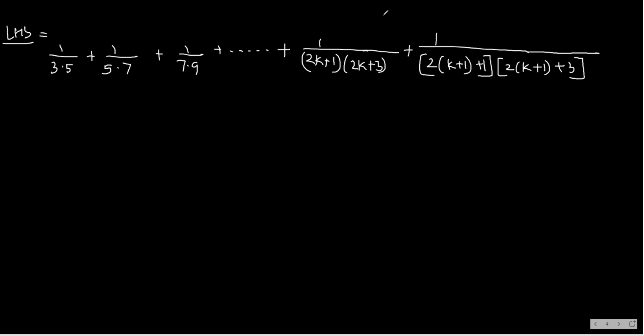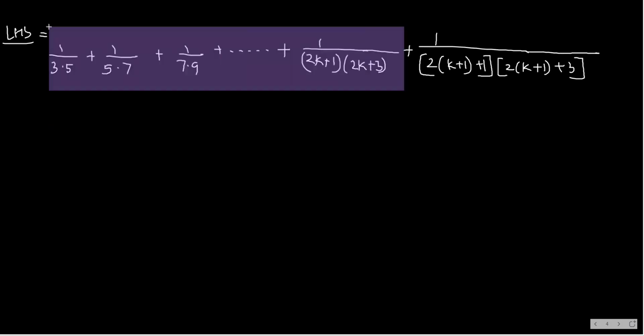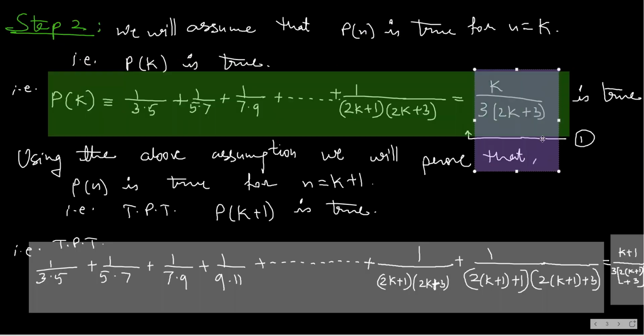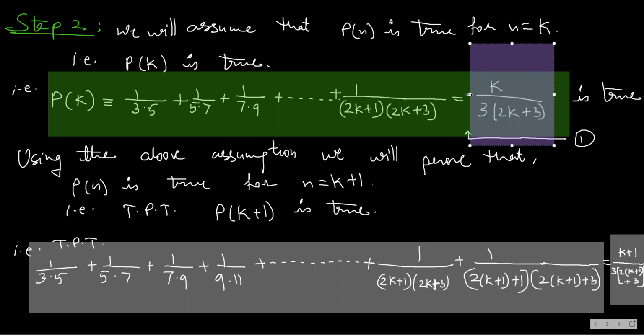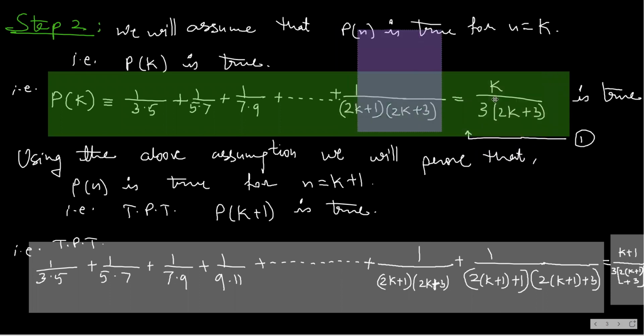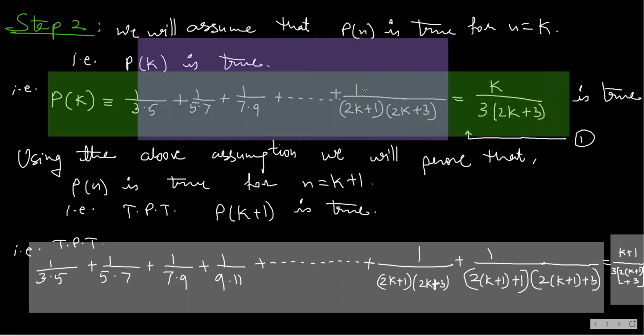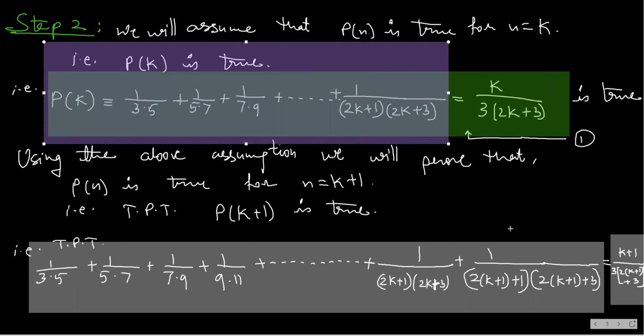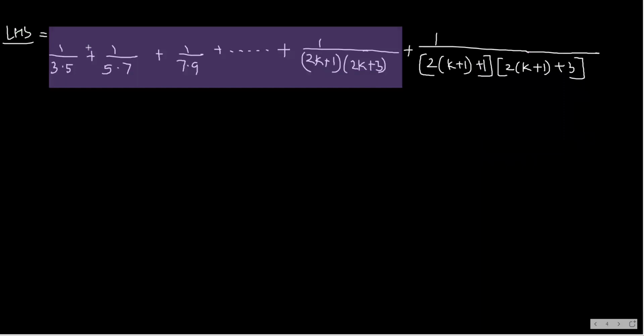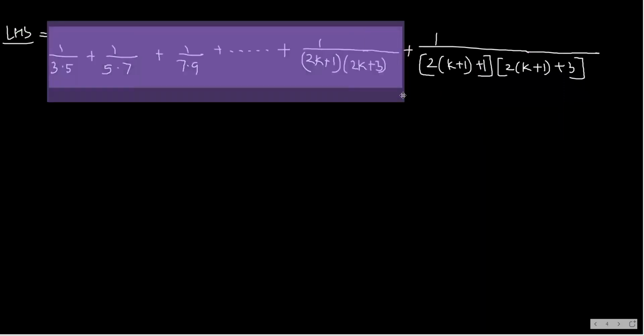See, students, look at this part. You know that this part, as per your assumption, is this. You see this? You have the same thing on the LHS there. You can check, you have the same thing there. So what is this equal to?